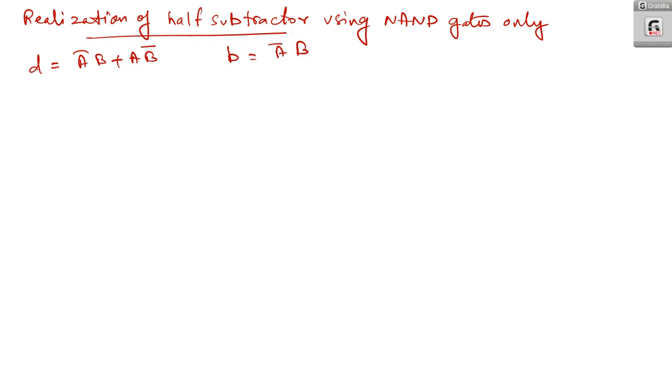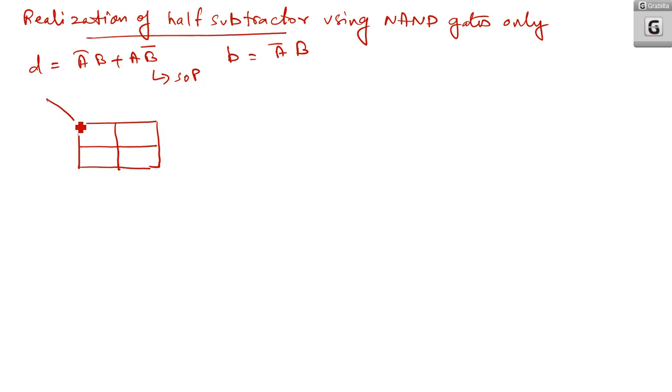Now if you are converting it into, this is basically in SOP forms. Difference is basically in SOP form. Now if you are converting it into POS form, how would it be? It is similar to an XOR gate, but anyway I am drawing it once more. This basically becomes a two variable K-map.